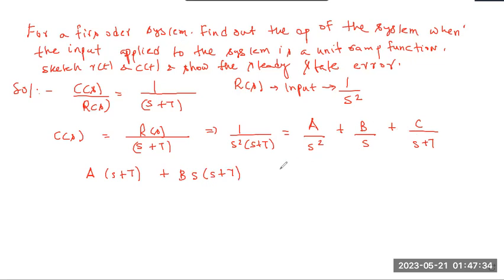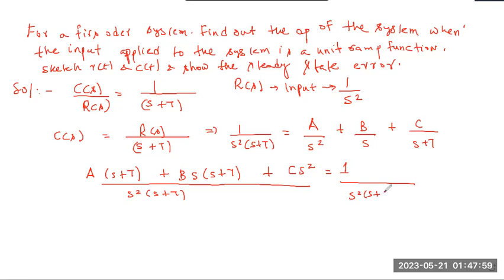And with respect to C, you have to take simply the s square term and equate it to 1. Because the denominator part is the same, s square into (s plus T), here also the denominator is s square into (s plus T). So we can just cancel out these denominators.